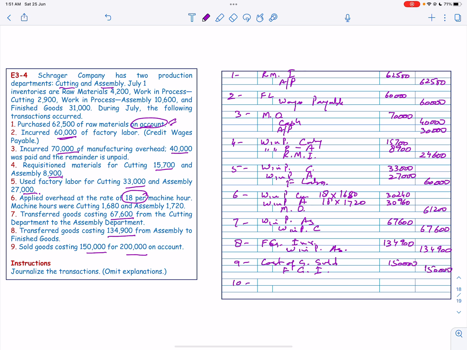And then we move on to one more entry over here, that is for the sale. So accounts receivable is debit for 200,000 and sales revenue is credited by 200,000 because we are selling on account.